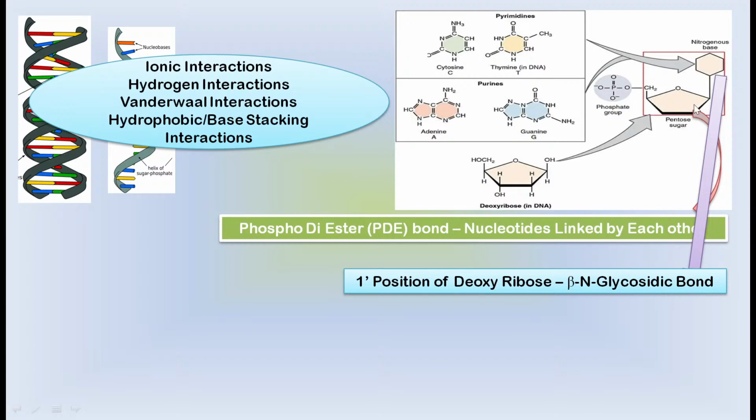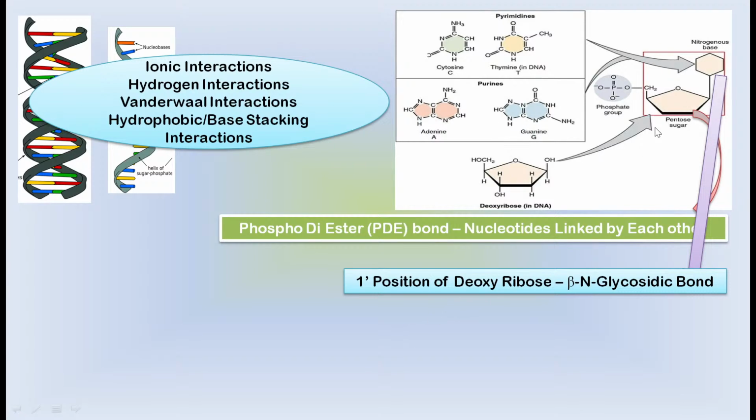In this, of the pentose sugar or ribose sugar, the first carbon is involved in the bond with the nitrogen base. In nitrogen bases, there are 2 types, pyrimidines and purines. Pyrimidines are linked through the 1 position, that is the N1 position. So in case of pyrimidine nucleotides, the bond is the C1 beta N1 glycosidic bond, whereas in purines, the 9th position is linked with the sugar.